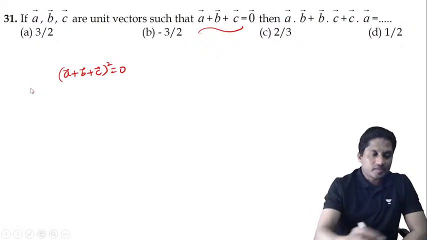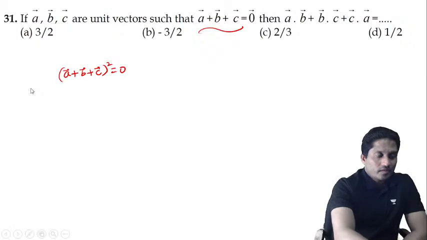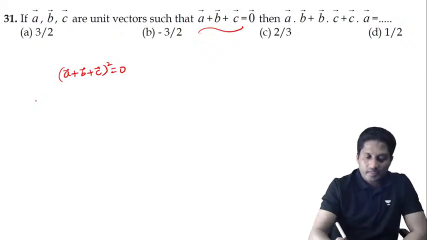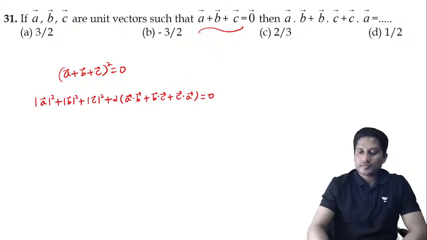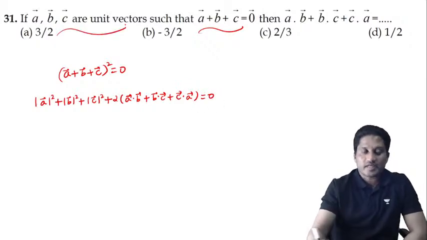Right, so A plus B plus C the whole square is equal to mod A square plus mod B square plus mod C square plus 2 times A dot B plus B dot C plus C dot A. A, B, C are unit vectors, it's already mentioned.